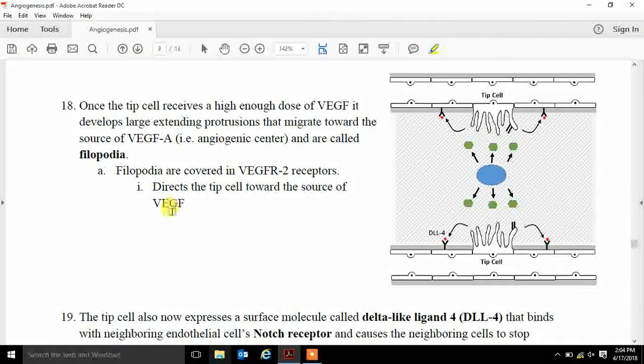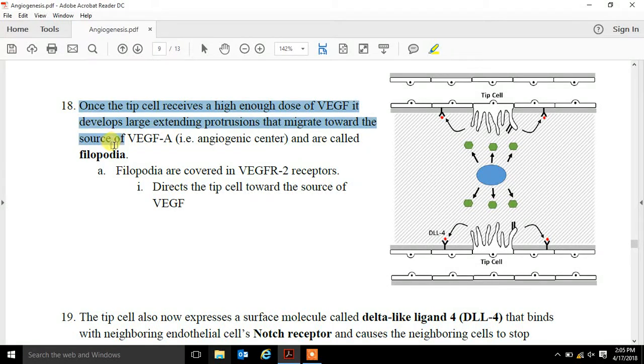As you can see here in the image, it looks very, very different. Once it gets a high enough dose of VEGF, it gets these extruding protrusions that begin to migrate towards the source of the growth factor. So it's migrating towards the angiogenic center. This angiogenic center is constantly releasing the VEGF molecule. These little protrusions are called filopodia.